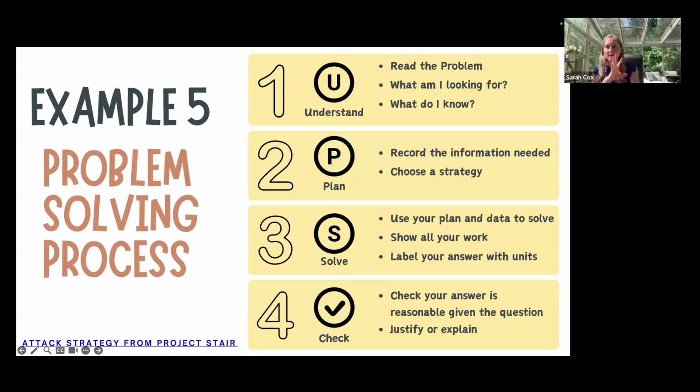Project STAIR is this amazing project that was created by a collaborative of scholars from across universities. They have made a series of videos to support educators in providing algebraic, how do I say this?